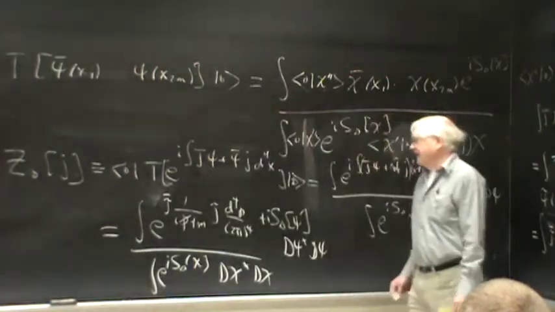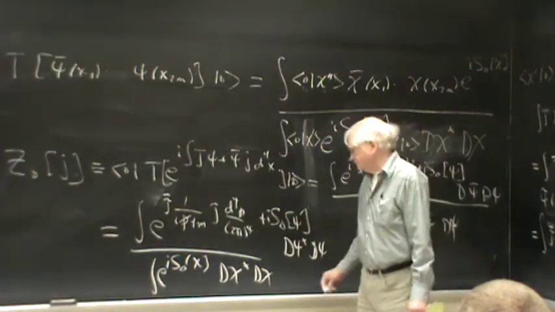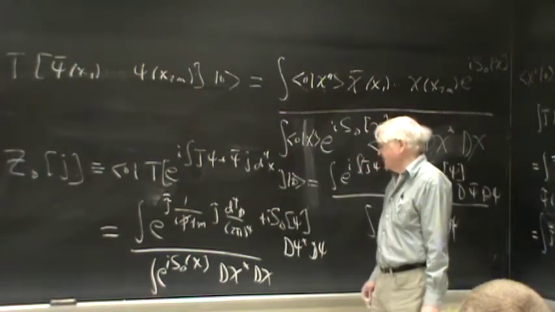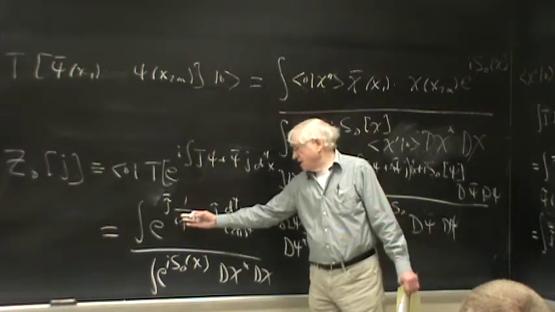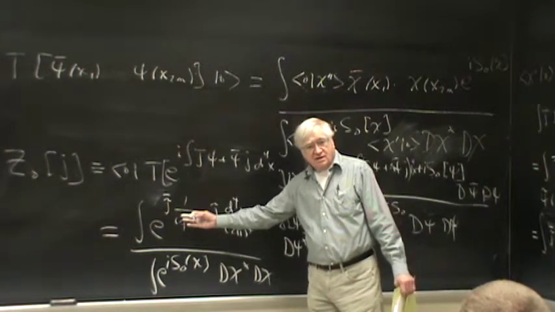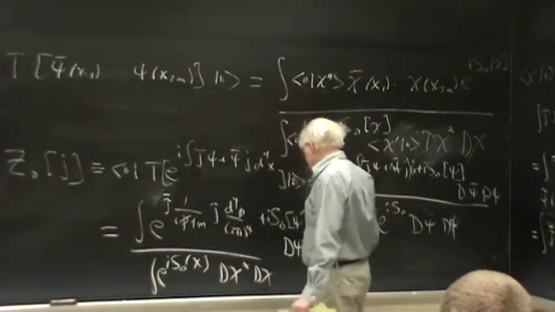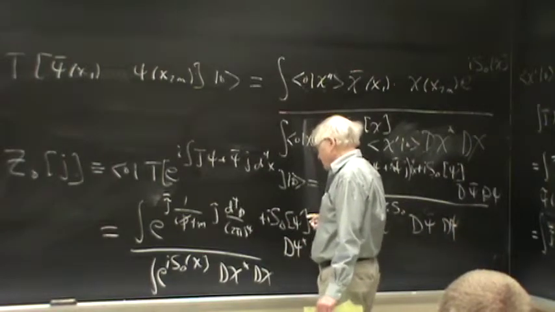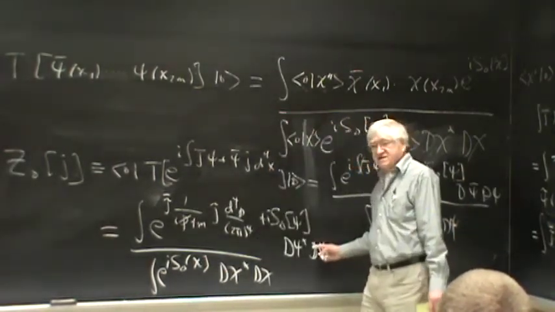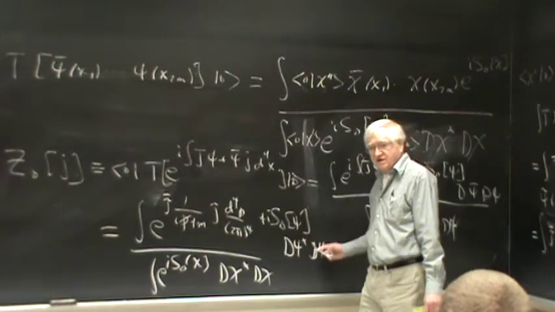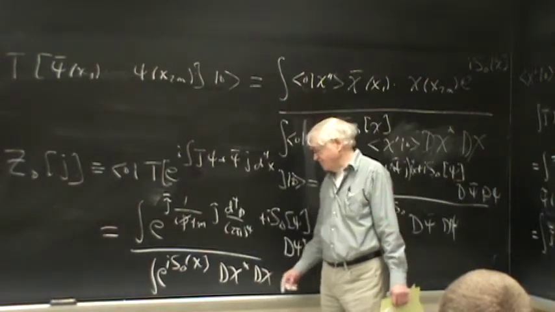Okay. Now, the point is that this, of course, is in the exponential. This thing here is just a number, a Grassmann number, but it's just a number, so we can factor it out. Then we have a ratio of e to the i S0 of psi, e to the i S0 of chi, and we're doing d psi star d psi, and down here d chi star d chi.